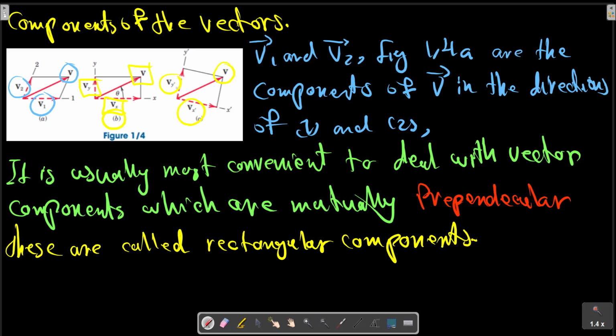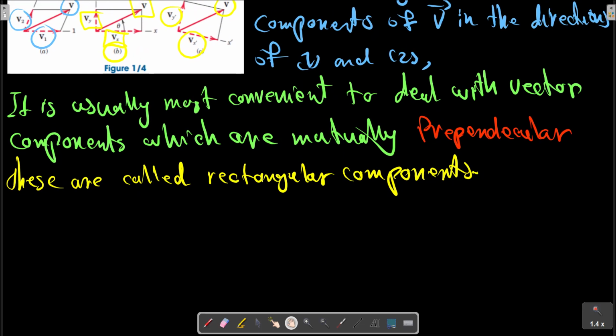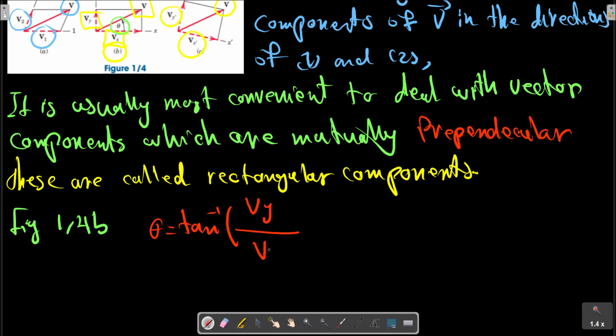The angle theta in figure 1.4b, this theta, equals tangent inverse of Vy, the y component, over Vx, the x component.